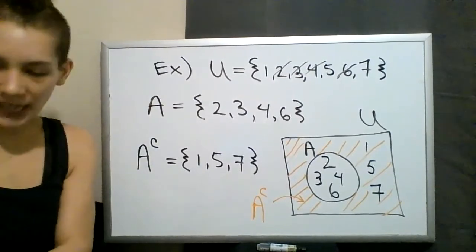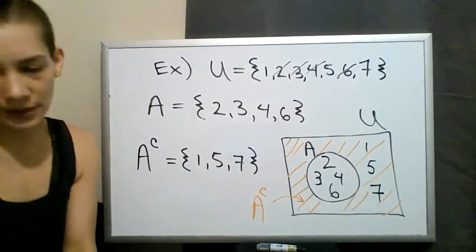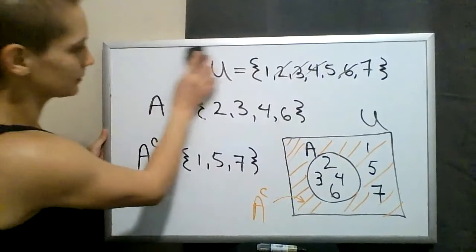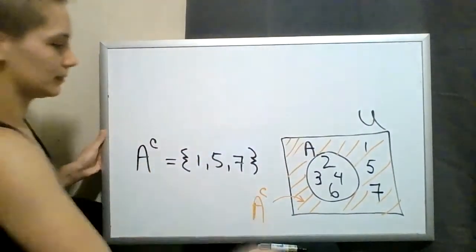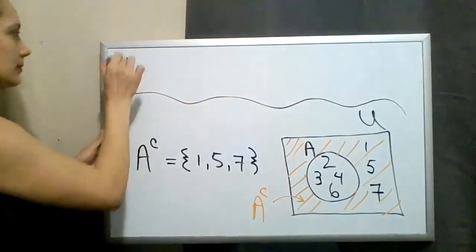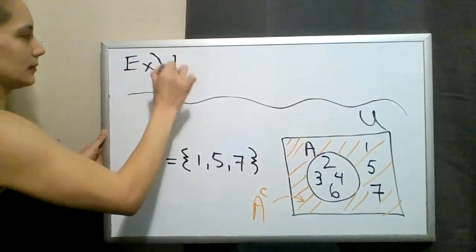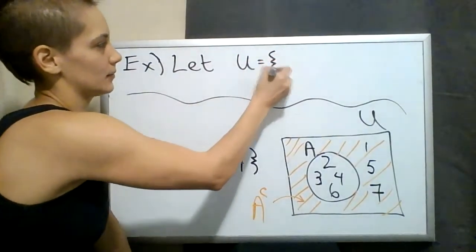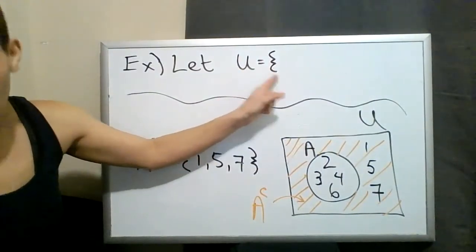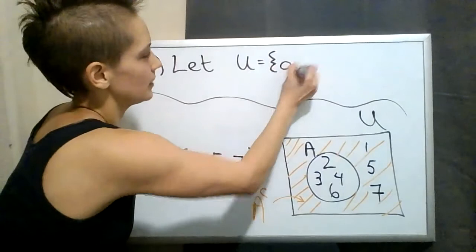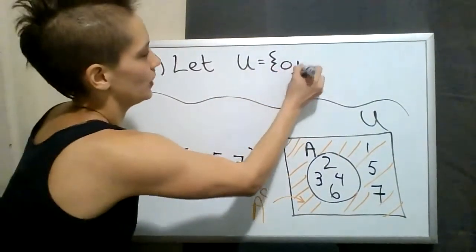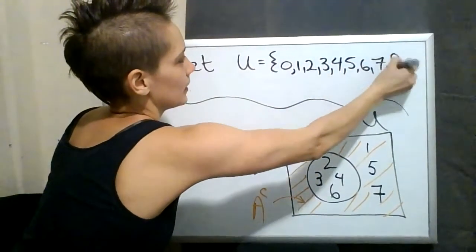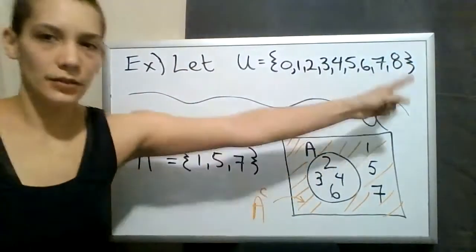Okay, new universe. It has 0, 1, 2, 3, 4, 5, 6, 7, 8. Okay, so start the set with a curly bracket. Your elements start at 0. Close the set.